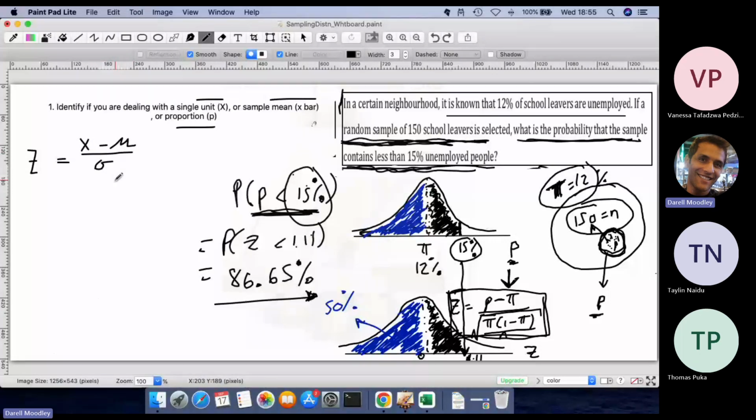That's what we did last week. This week, if you're dealing with X bar, then to get your Z, it's X bar minus mu all over sigma over square root n.